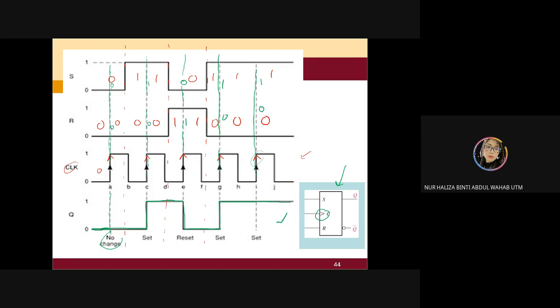So this is my output. It can be asked in terms of part A question. They're going to provide you with the picture. You need to select which output is correct, or maybe for part B you need to draw by yourself.